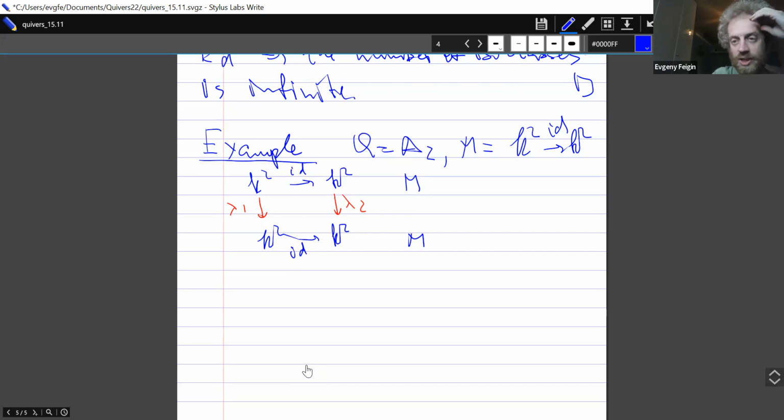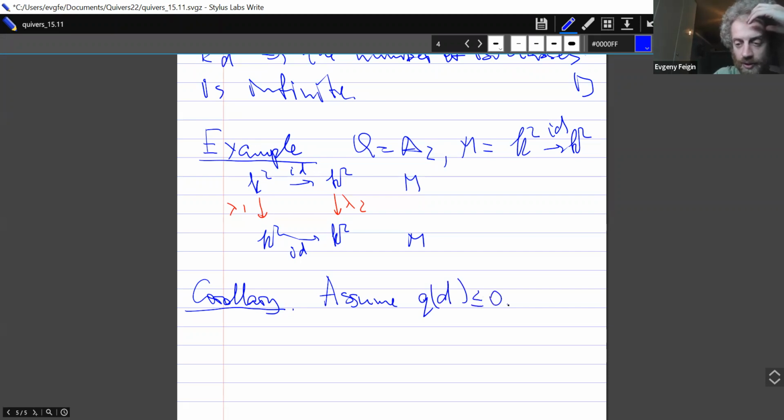Okay, so one more corollary, which is somehow absolutely obvious. Another corollary says that, so assume Q of D is less than 0.